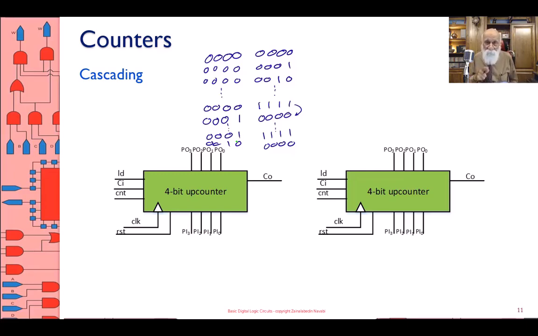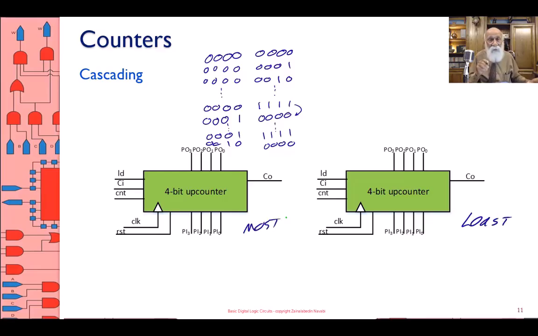Okay? How can I do this with these two counters here? Remember the carryout? The carryout is there so that when the counter reaches 1, 1, 1, 1, the carryout becomes 1. I said when the counter becomes 1, 1, 1, 1, the left one wakes up and on the clock it counts up. So let's do this. Let's take this as the least and this as the most significant.